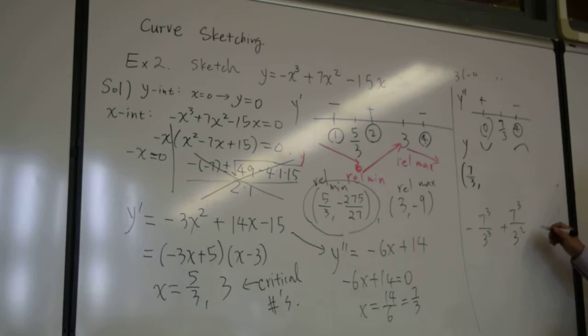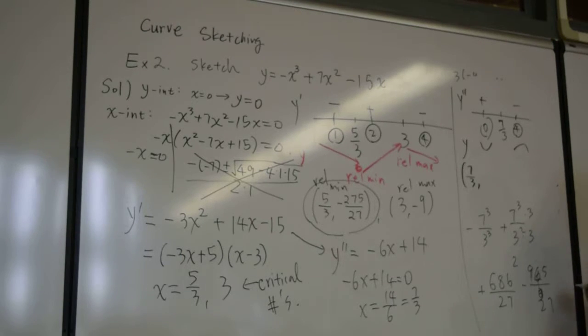I want fractions. Times 3 times 3, 2, 343 times 2, 686 over 27 with a minus. No, it will be a plus. And then minus 105 over 3 times 9, 945 over 27.